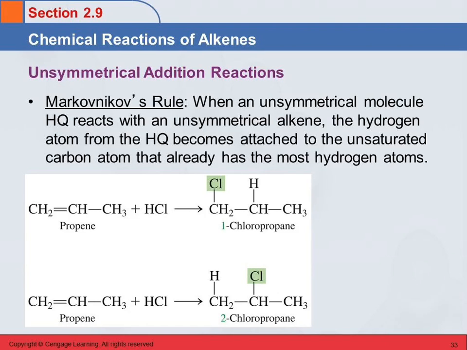We can have this guy coming in like this, and the chlorine going on the first carbon, giving us this product, or it could come in this way, and we'll end up with the chlorine on the middle carbon. So there's two different things that could happen.